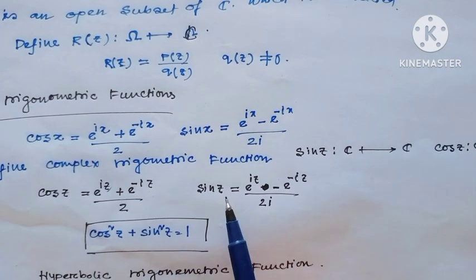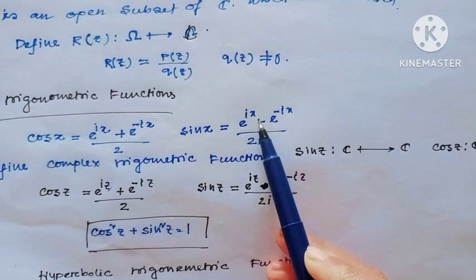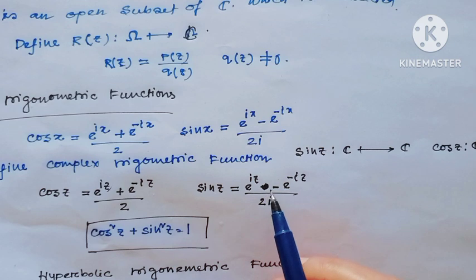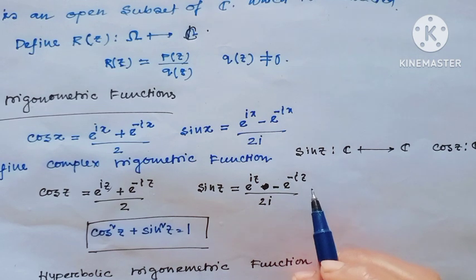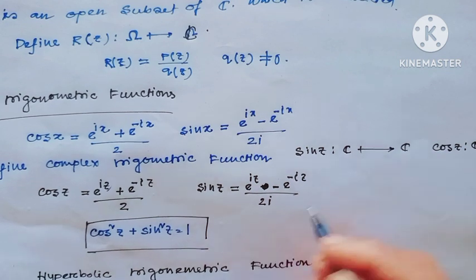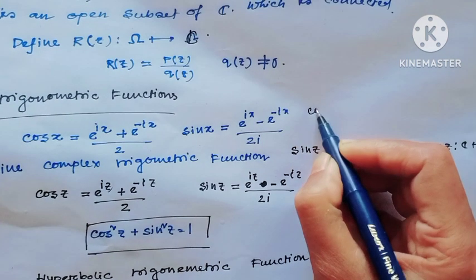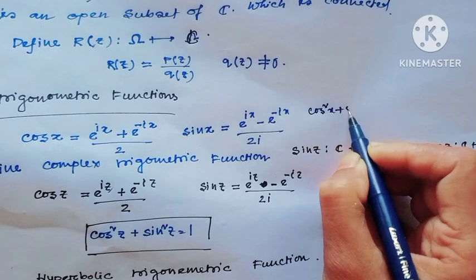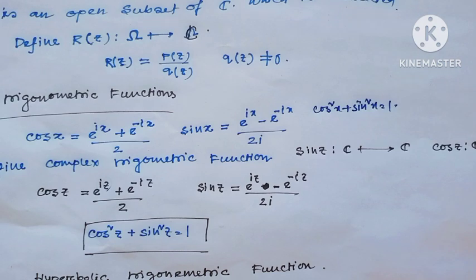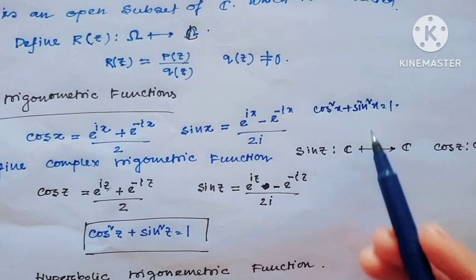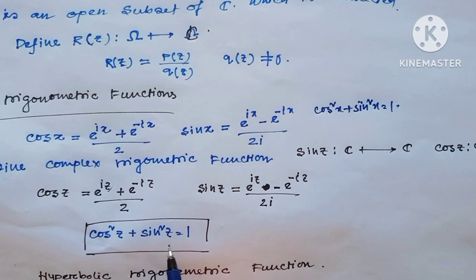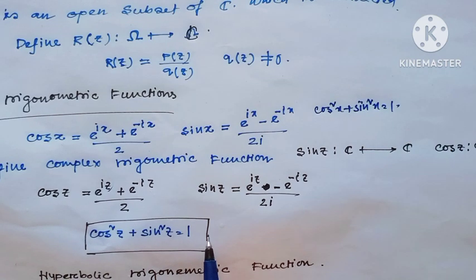And sin z equal to e to the power iz minus e to the power minus iz over 2i. And we all know cos square x plus sin square x equal to 1. Similarly in complex analysis, cos square z plus sin square z equal to 1.